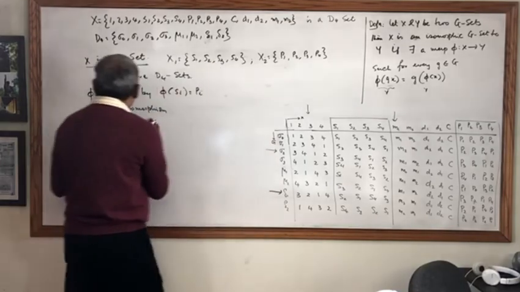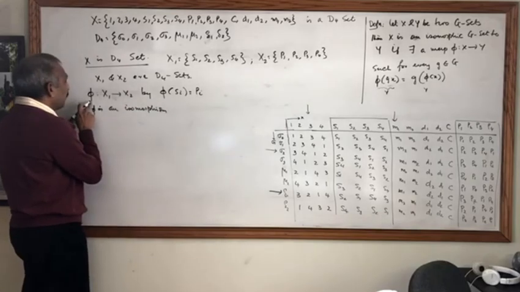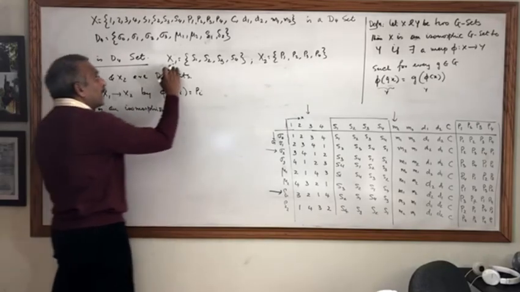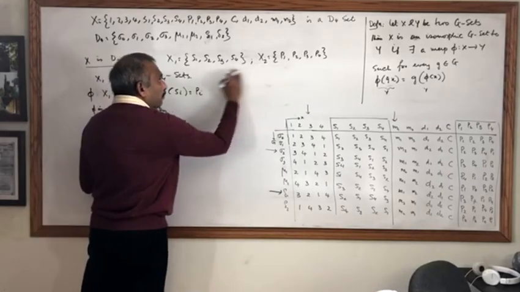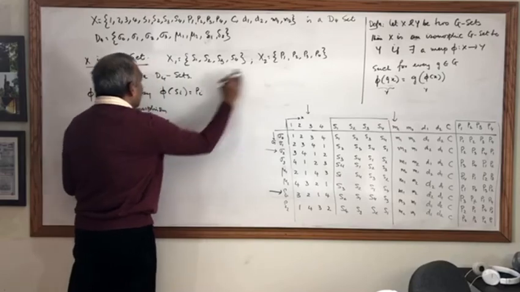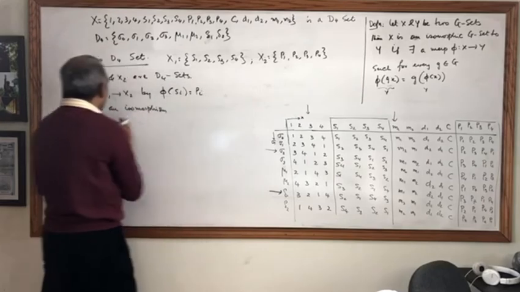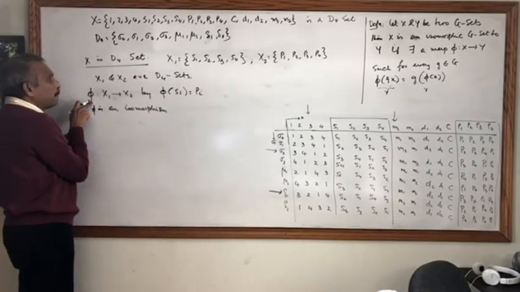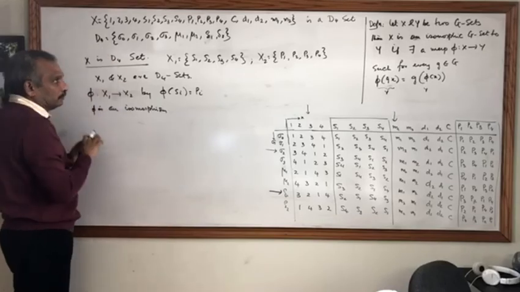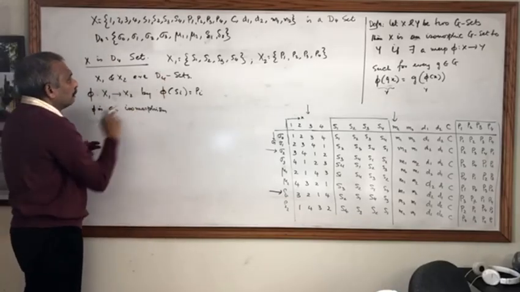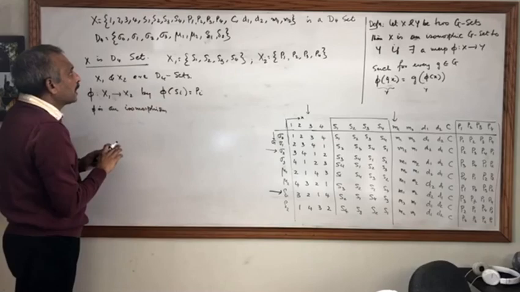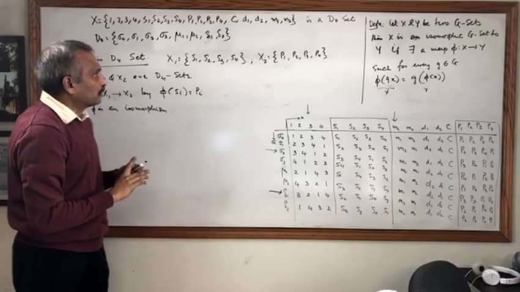So that is why we say that phi is an isomorphism, not because X1 and X2 have the same number of elements. They behave in the same way under the group elements. So they are isomorphic G sets, D4 sets.